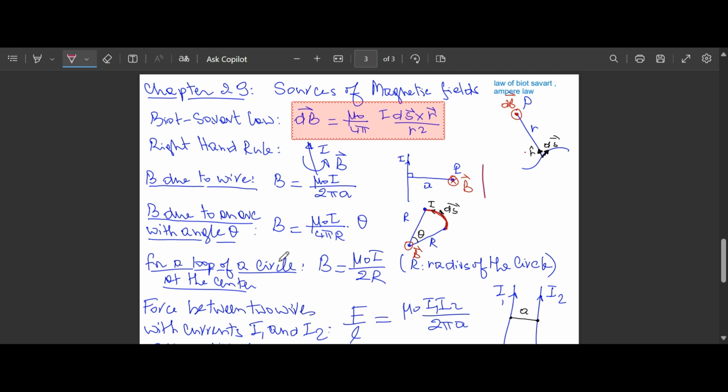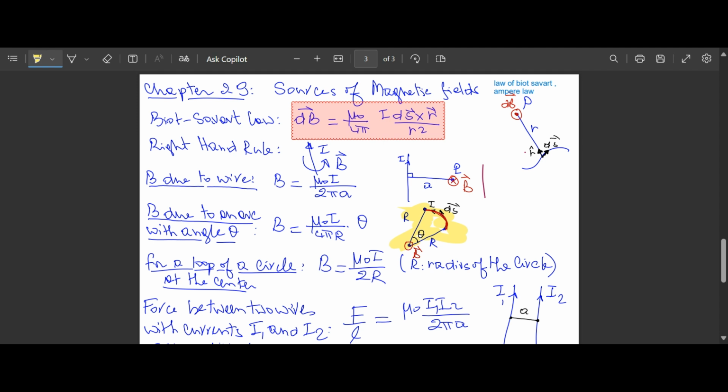Now, if it's an arc, with the current like this, and I know the angle of the arc, that's theta, but be careful, theta should be in radians.